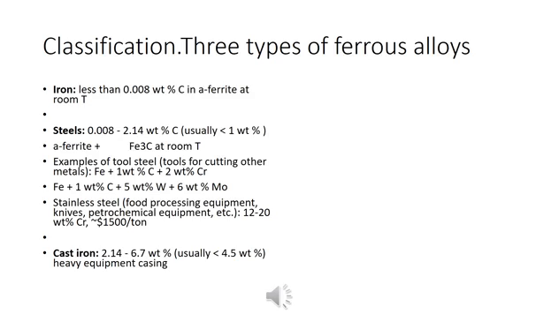And those are the examples. And the last class that you have is cast iron, which consists of between 2.14 to 6.78% carbon. And have an understanding of where these are most practical or where these are most desirable. This brings us to the end of our lecture on phase diagrams.